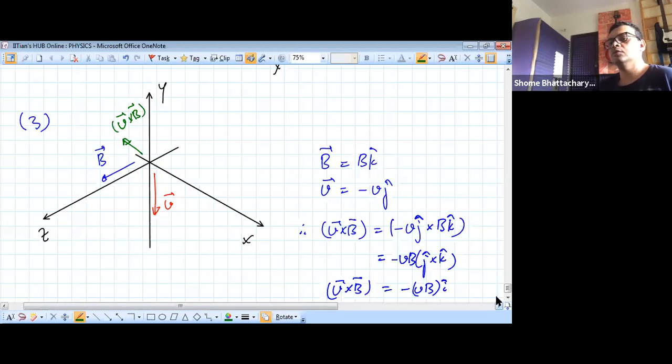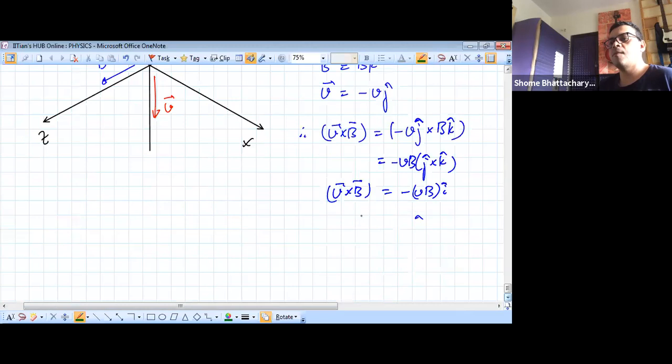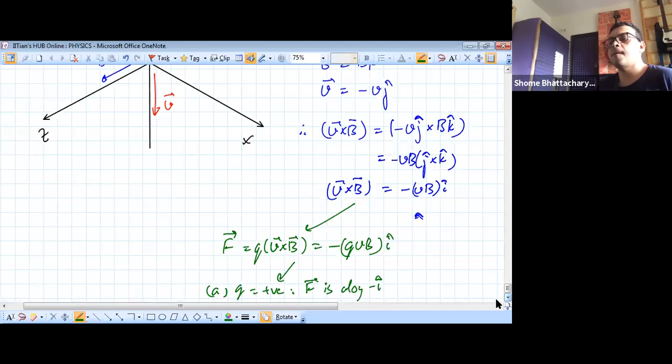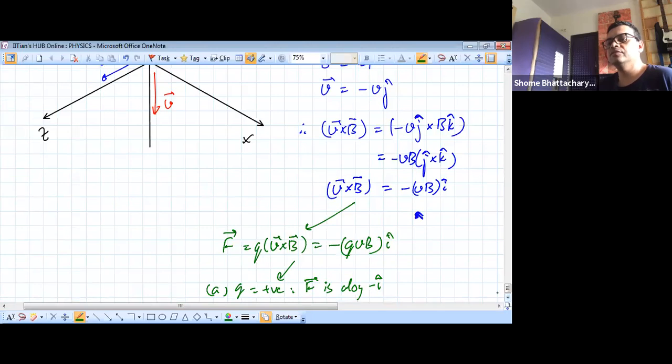Okay. So now you can see that your F will be Q V cross B. So that is minus QVB i cap. So Q being positive, F is along minus i cap, and Q being negative, F will become along plus i cap.